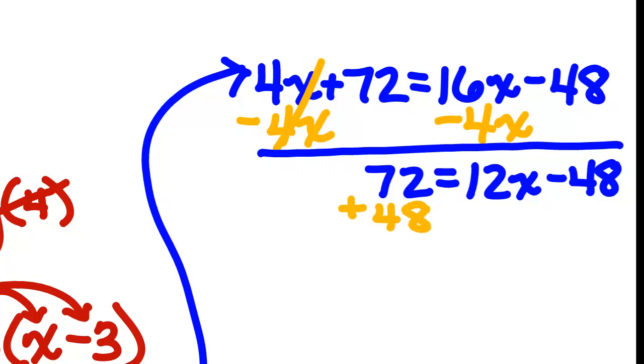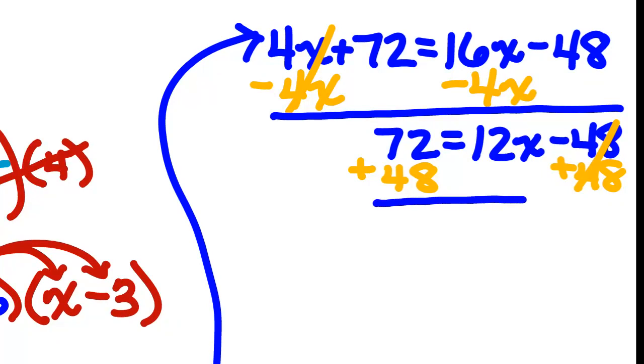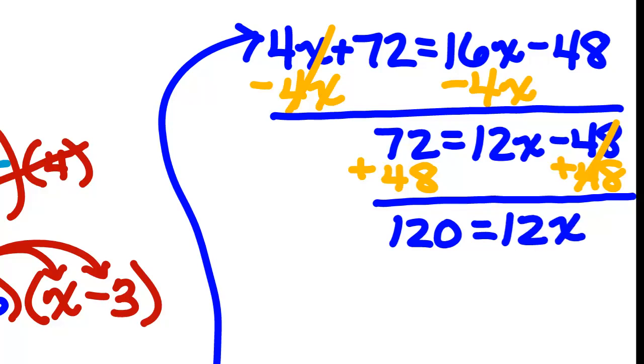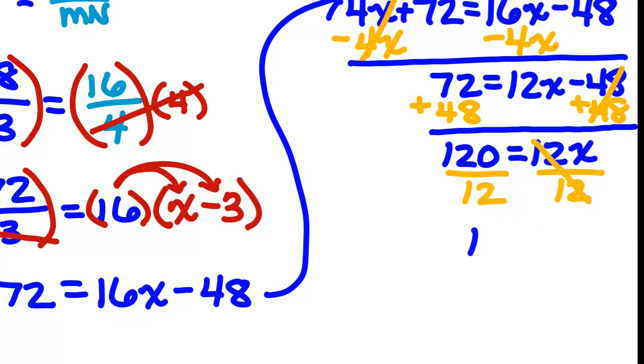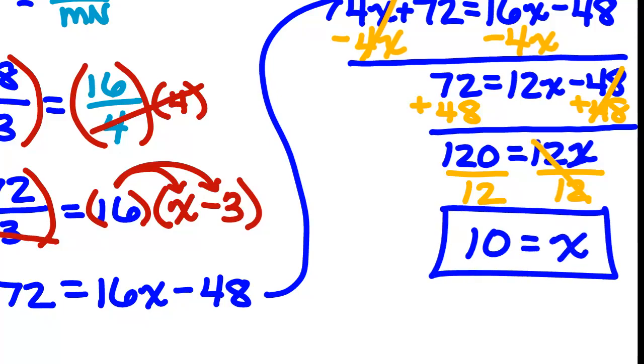So we're going to add 48 to both sides. What is 72 plus 48? 120. So 120 equals 12x. Divide both sides by 12. X equals 10. Nice work.